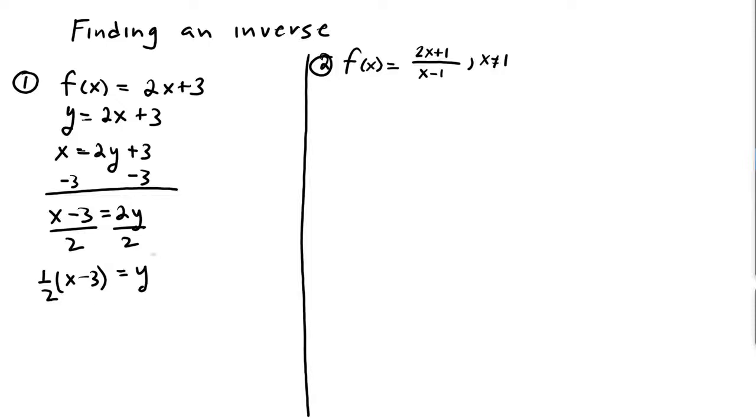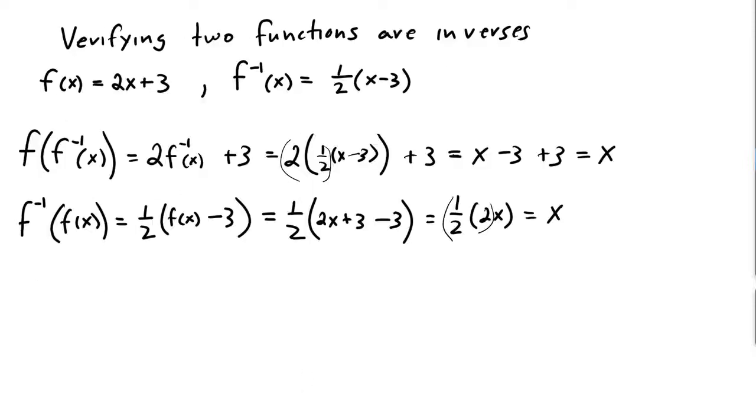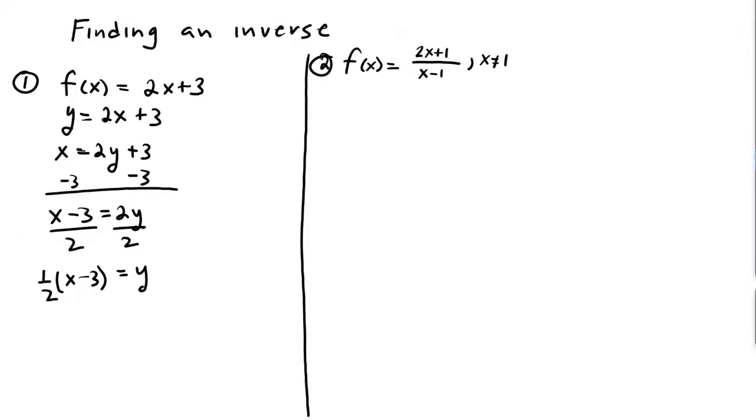And I get that. And if you look back on the last page, 1/2 x minus 3 was indeed the inverse function. So this tells me that f inverse of x is going to be 1/2 x minus 3, which we already knew.